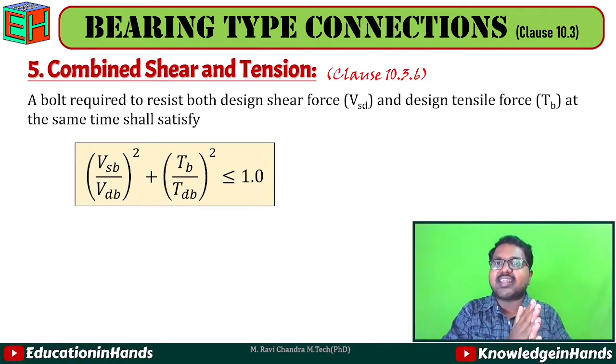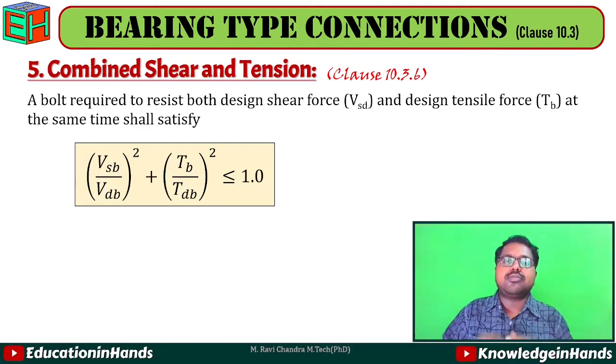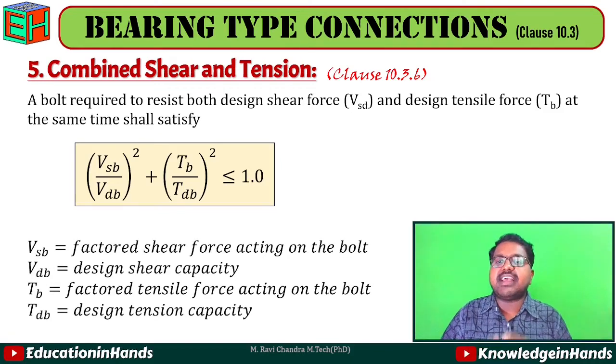Only then will we consider the combined shear and tension safe in the design. In these notations, VSB is the factored shear force acting on the bolt, VDB is the design shear capacity, TB is the factored tensile force acting on the bolt, and TDB is the design tension capacity.